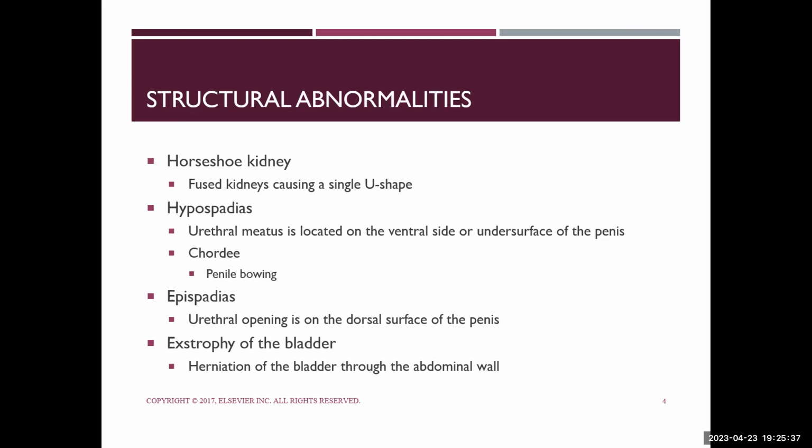Epispadias very often occurs with so-called exstrophies. Exstrophies are developmental defects whereby the abdominal wall fails to close around the bladder, so the bladder is actually external to the body wall.